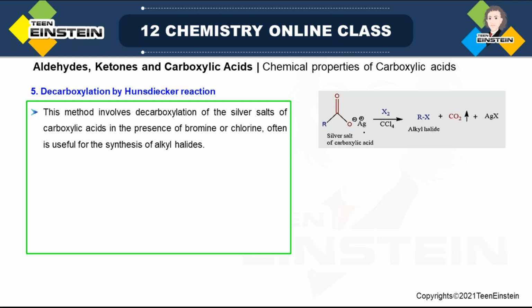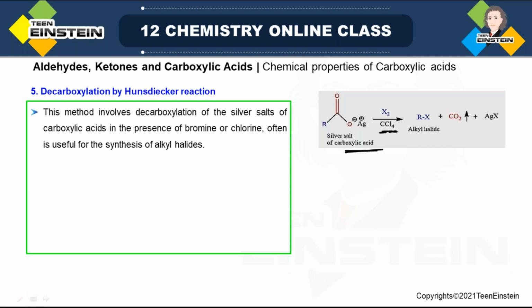In this case, what we do, we take the silver salt of carboxylic acid, RCO2 minus Ag plus, in presence of X2 and CCl4. This is the solvent. X2 means halogen. Now it may be bromine, it may be chlorine. And what you are getting as the final product is RX.